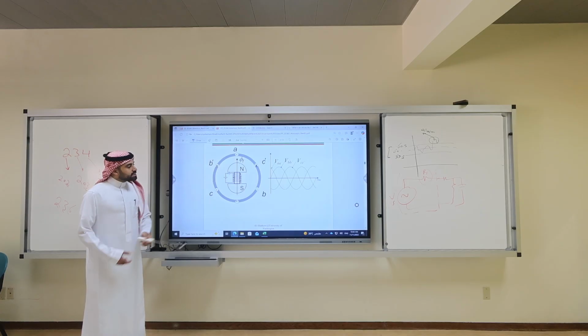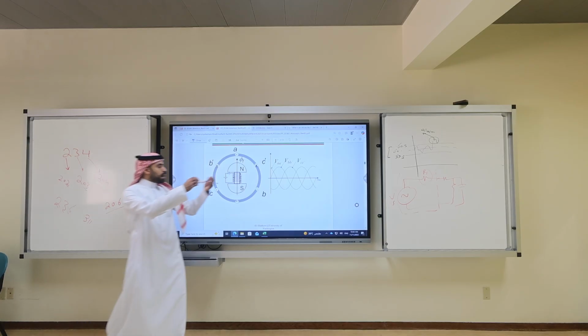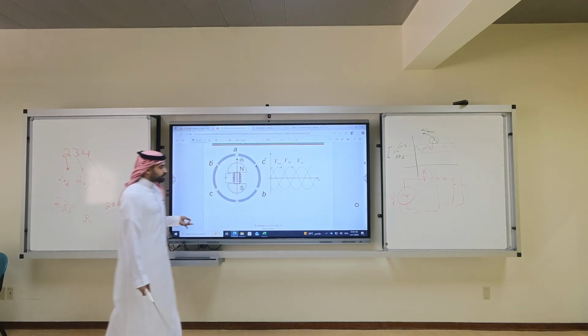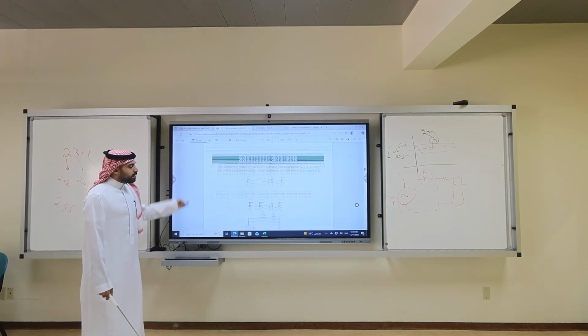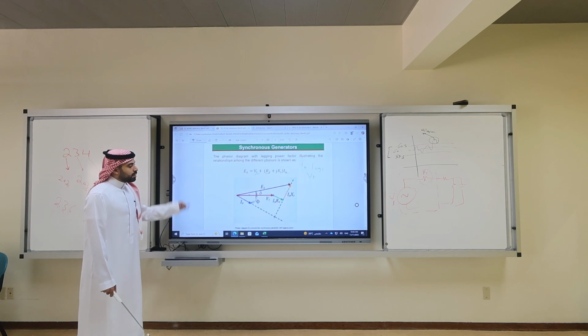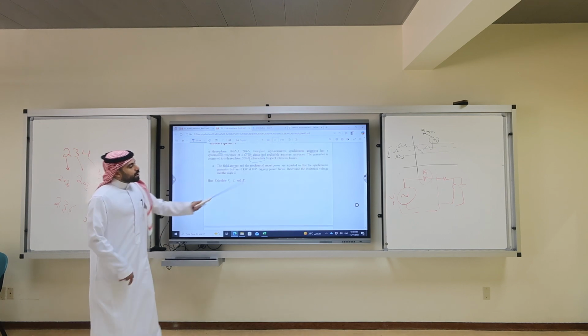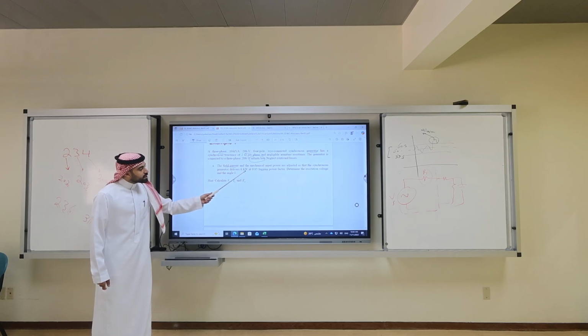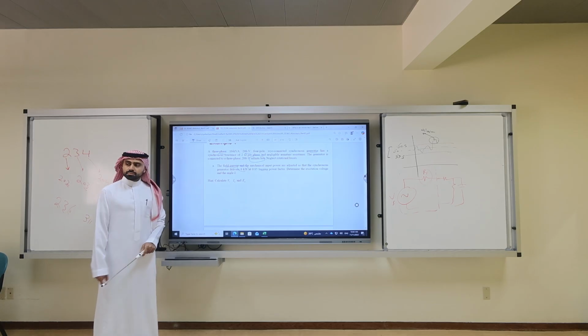The field current and the mechanical input power are adjusted such that the synchronous generator delivers 6 kilowatt.